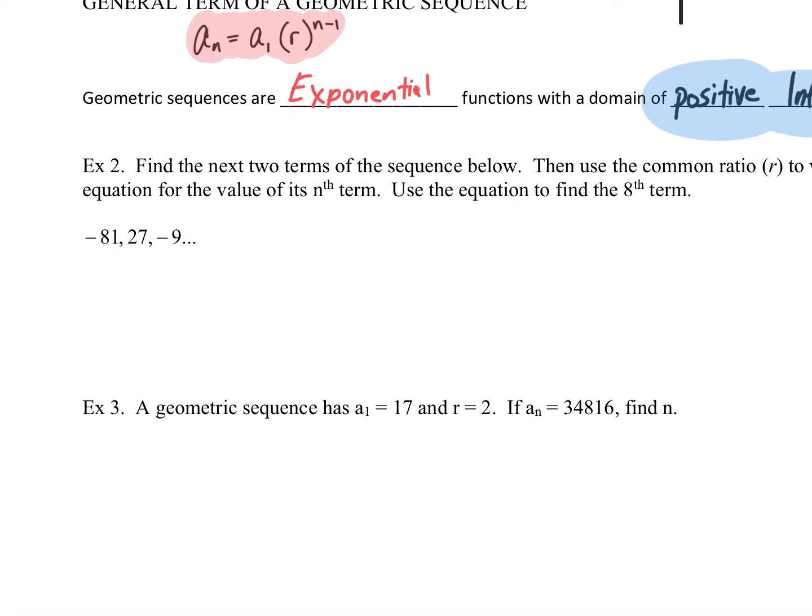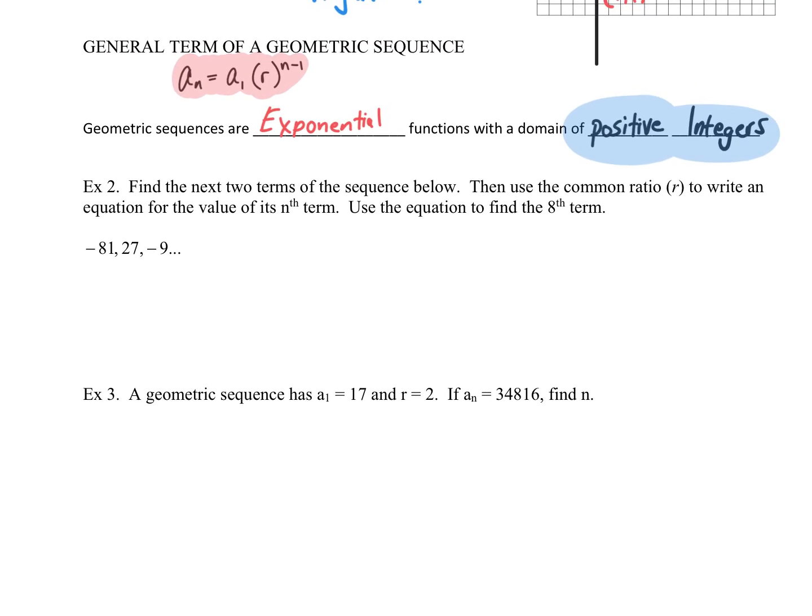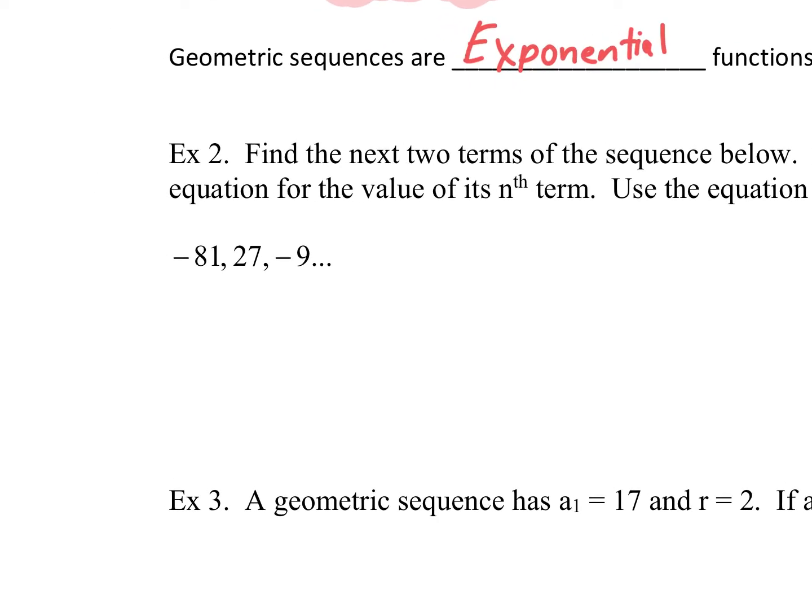In example 2, they ask us to find the next 2 terms in the sequence and then use our common ratio to find the equation for the nth term. We'll then use that equation to find the 8th term in the sequence. So what I notice here is I'm trying to figure out, what do I need to multiply negative 81 by to create positive 27?